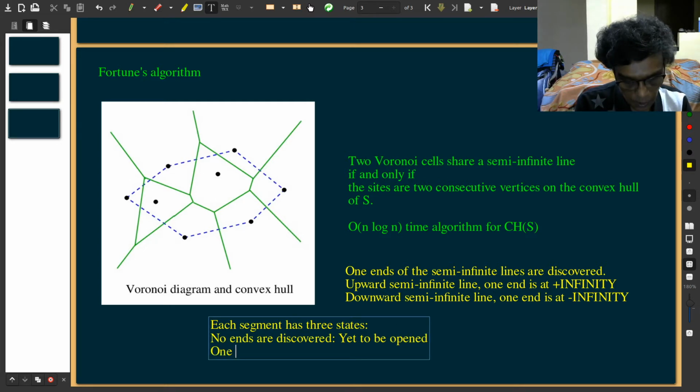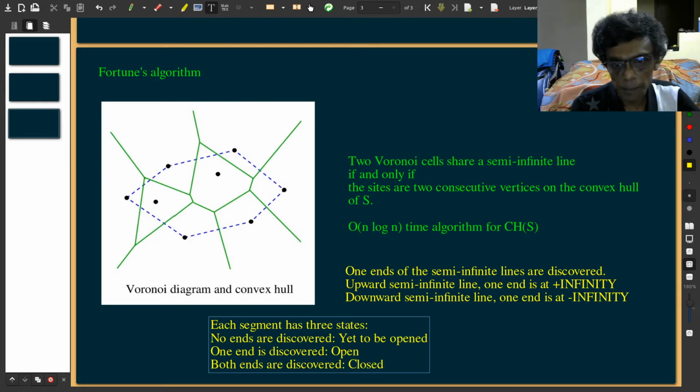It is possible that only one end is discovered. So we say that it is now open, and if both ends are discovered, I call that segment closed because I know it completely.